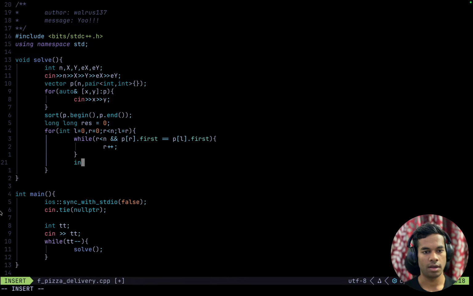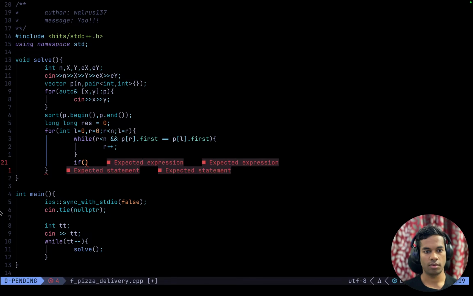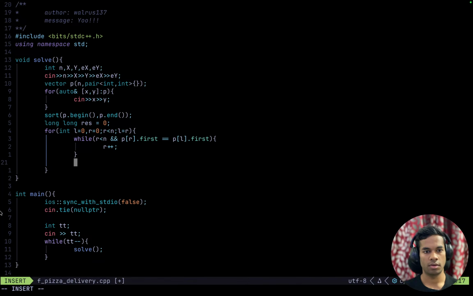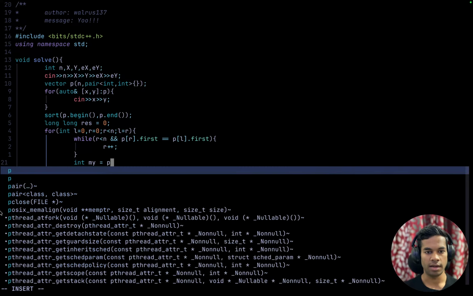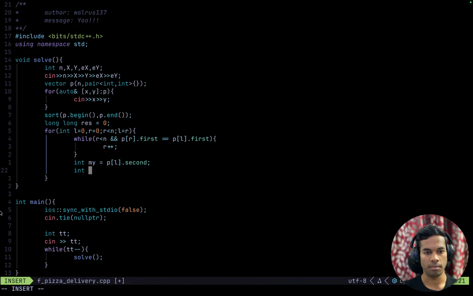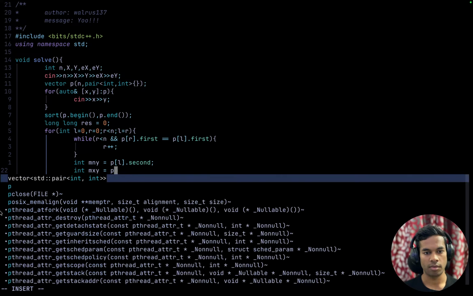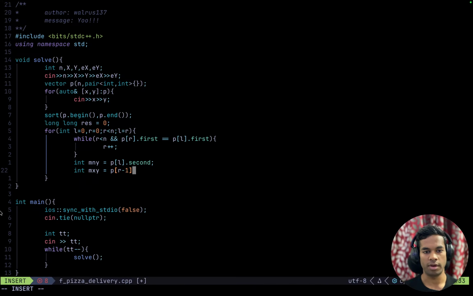Okay, and int minimum y, if r is smaller than n, minimum y, the smallest value of y is the one at l, so p l dot second, and maximum y is p r minus 1 dot second.